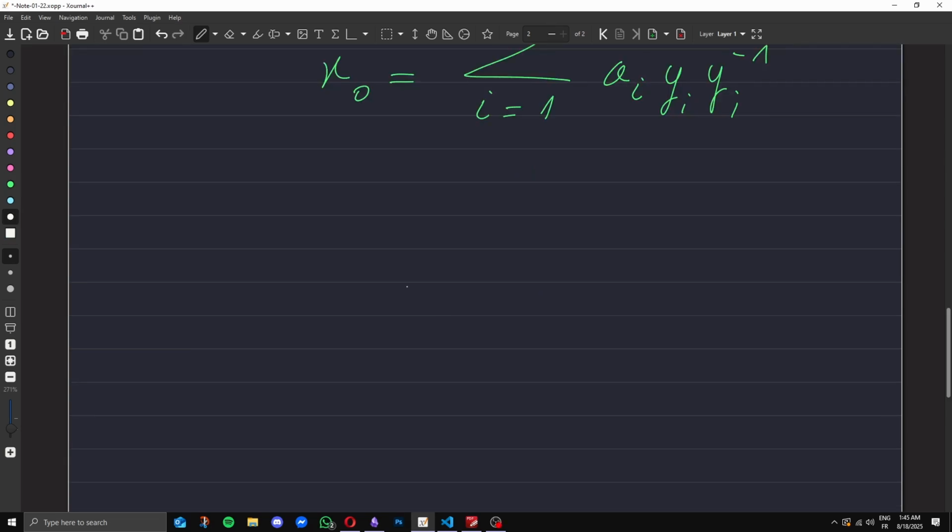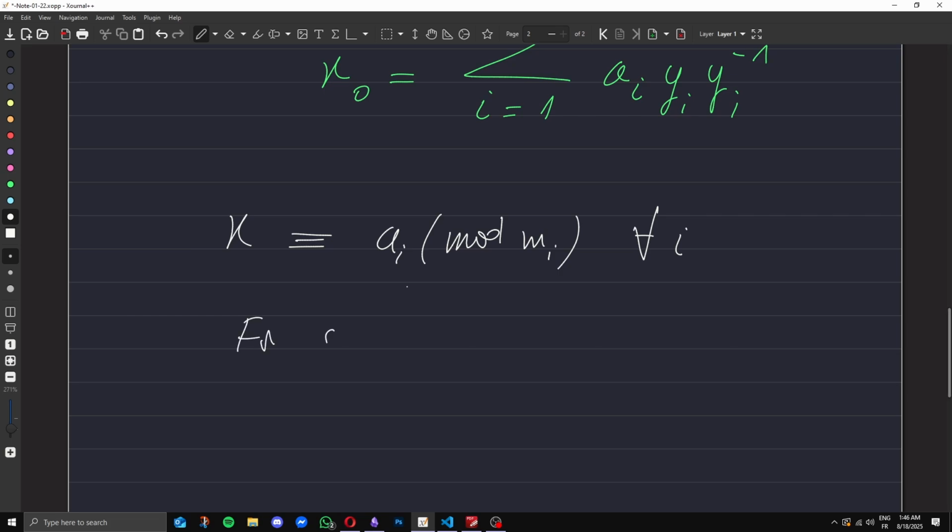Let's check for the solution now. So remember, if x is a solution, then x must satisfy x congruent to ai modulo mi for all i. Okay, so we're going to take some random i.